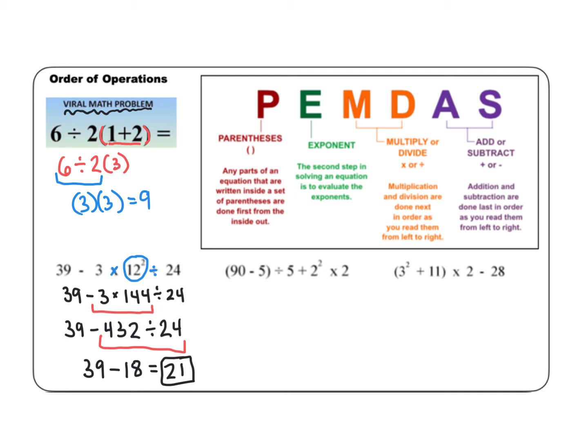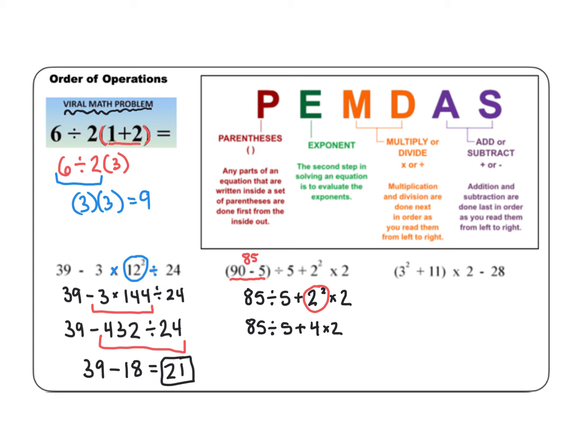So here we go, going from PEMDAS, it looks like we have some parentheses here. And that is just going to give me 85, so let's bring all this down. So I get 85 divided by 5 plus 2 to the second power times 2. So now let's get our exponents taken care of, because I've got an exponential term right here. So 85 divided by 5 plus 4 times 2.